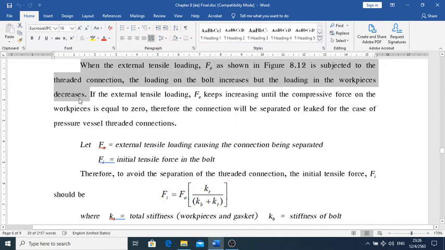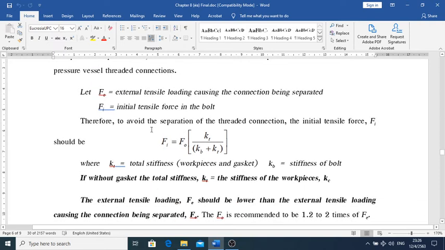When the external tensile load F sub E keeps increasing until the compressive force of the workpiece equals 0, the connection will be separated, or leak in the case of a pressure vessel thread connection. So let's say F sub O is the external tensile load causing the connection to be separated, and F sub I is the initial tensile force in the bolt.